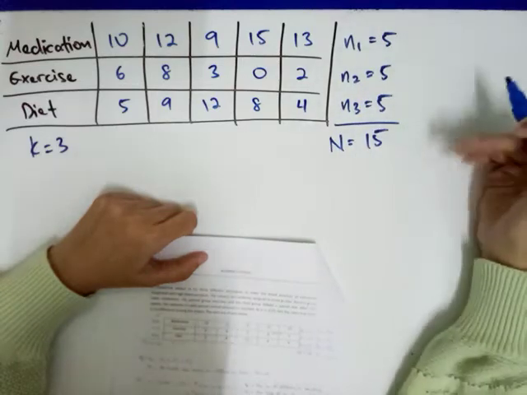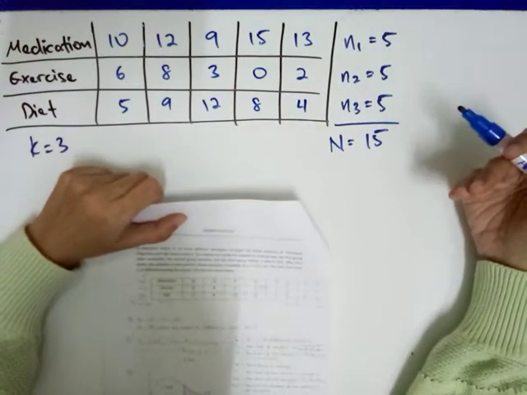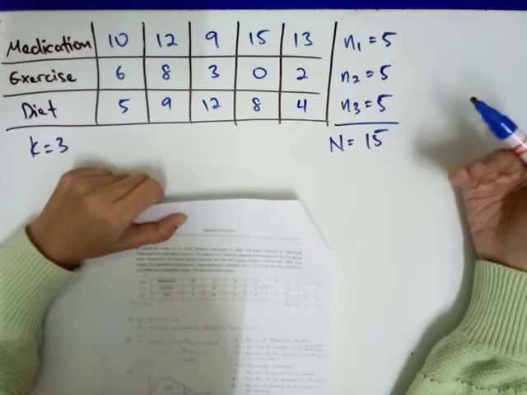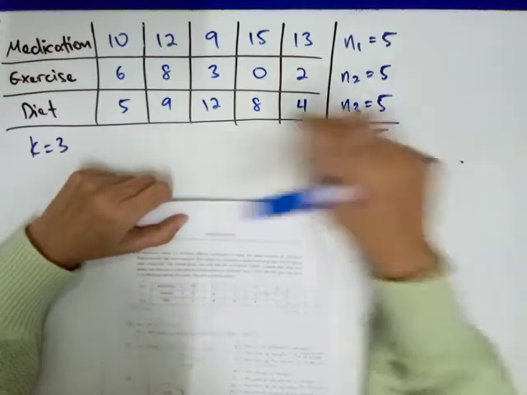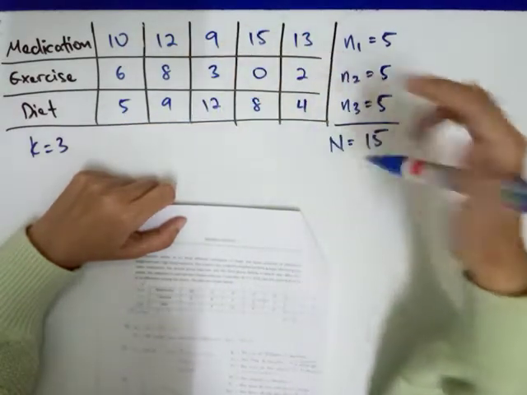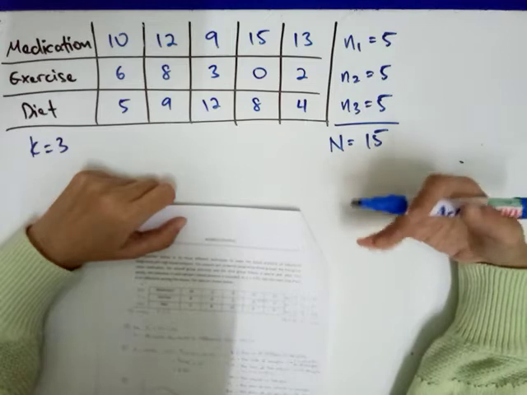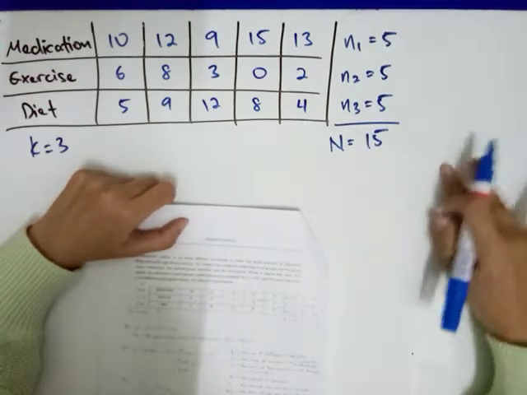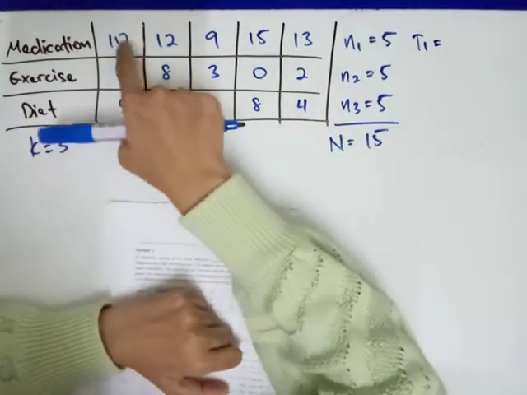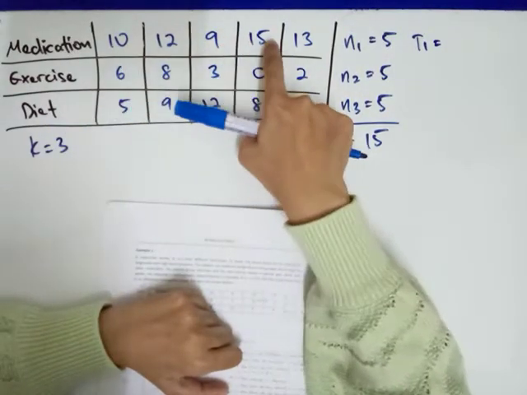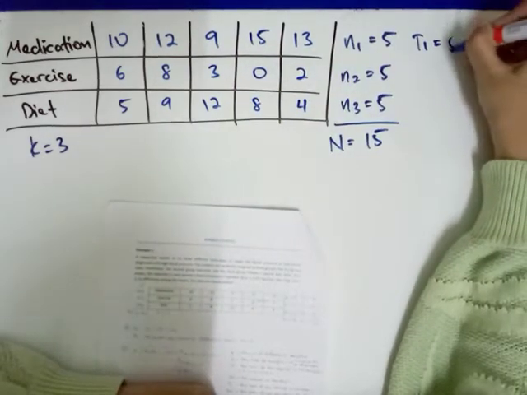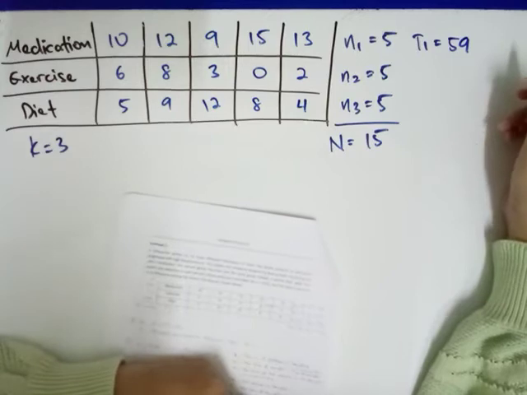And then the next term is T_i. The capital T is the sum of the values in a sample. We know that these are the X values, and we need to calculate the sum of the values in each sample. For T1, you need to sum up 10 plus 12 plus 9 plus 15 plus 13. How do you get 59?